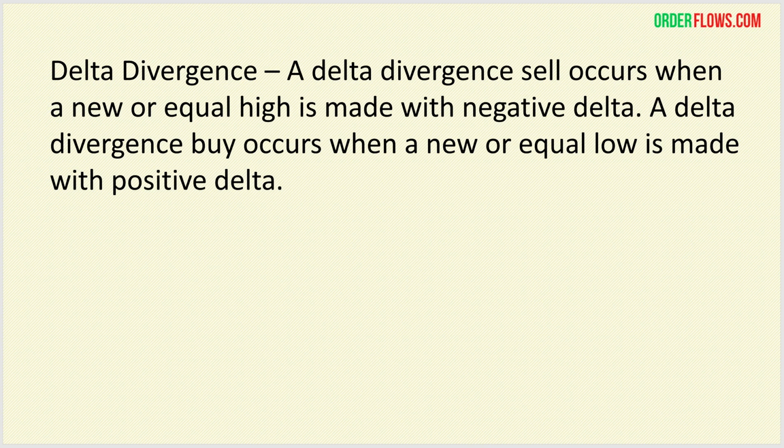So when you're making a new high and you have negative delta, that's your divergence. A delta divergence buy occurs when there's a new or equal low with positive delta. Because you're at a low, you should be looking at negative delta. Why are you at the low? Because they're selling. But if you have positive delta at a new or equal low, that's a sign of a divergence.